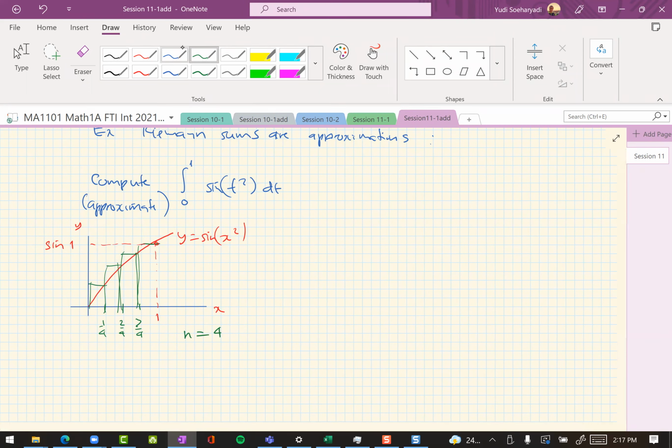We use the right Riemann sum, so xi is just i/n.